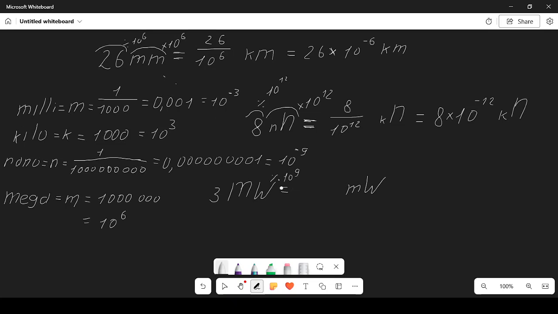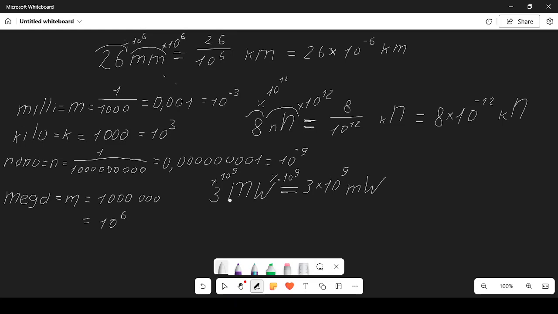So to preserve our equality, our equals sign, to compensate, we should multiply the number part by the same number, 10 power 9. So 3 multiplied by 10 power 9.